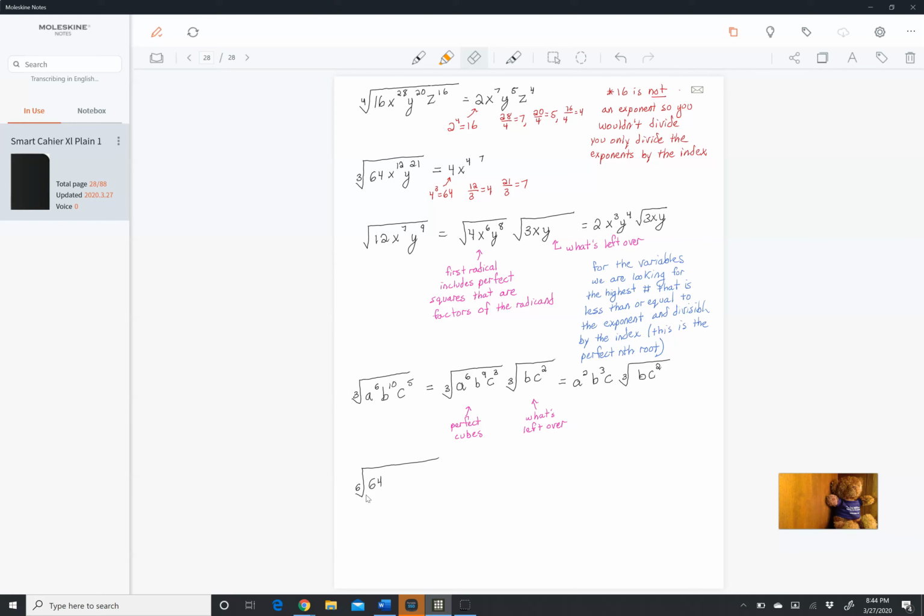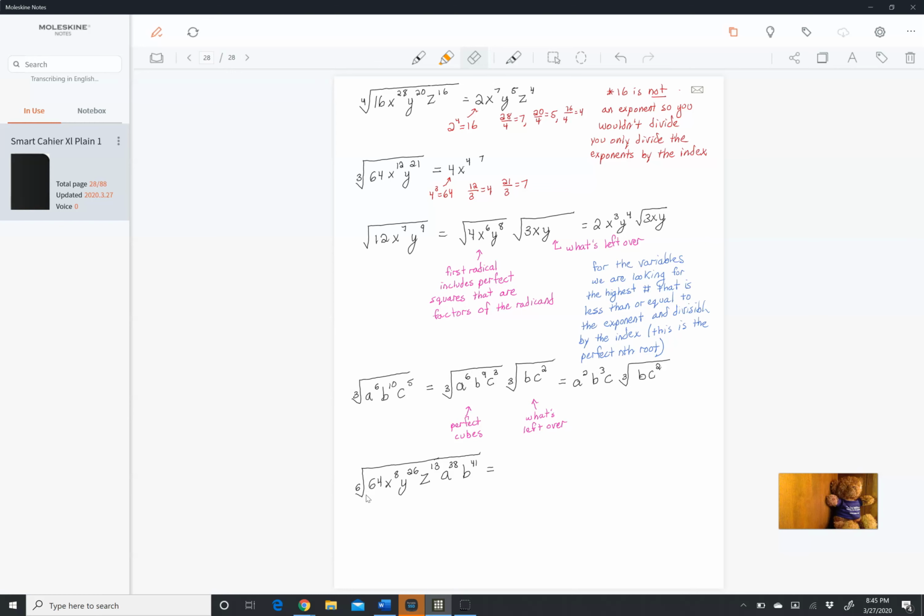So we're going to do 64, and then we're going to do x to the 8th, y to the 26th, z to the 13th, and just for fun, because we like having fun, let's add in a couple of letters. Let's say that we have a. I won't make these super large. Let's say that we have a to the 38th, and one more, we'll make it b to the 41st.